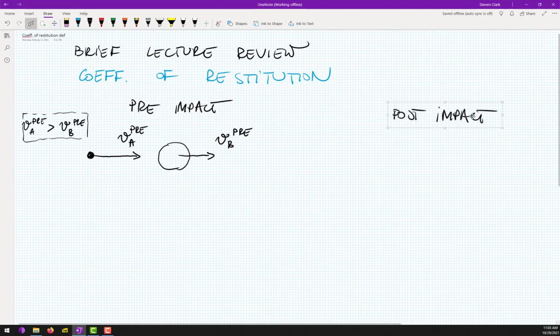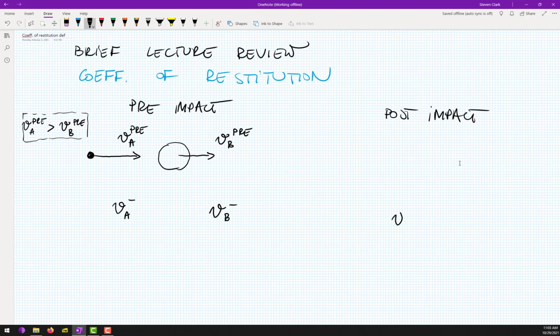Post-impact, wait a second, because I believe I use different nomenclature than was used in the lecture. Professor Sony uses VA minus and VB minus, and then VA plus and VB plus. I don't personally like it, and every single instructor in this course uses this nomenclature.